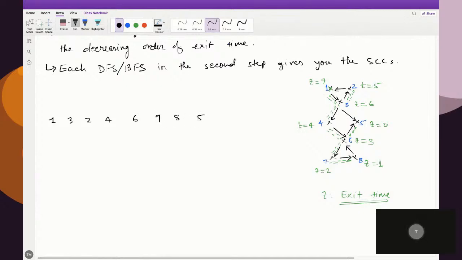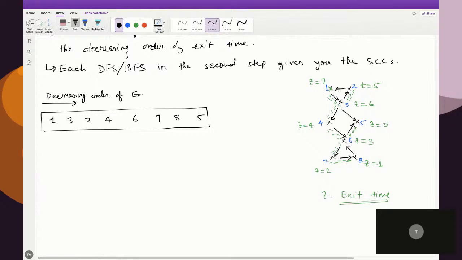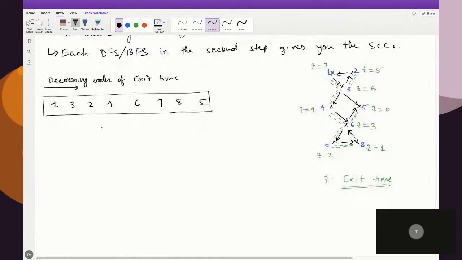So this is the order that you have according to the decreasing order of exit time.